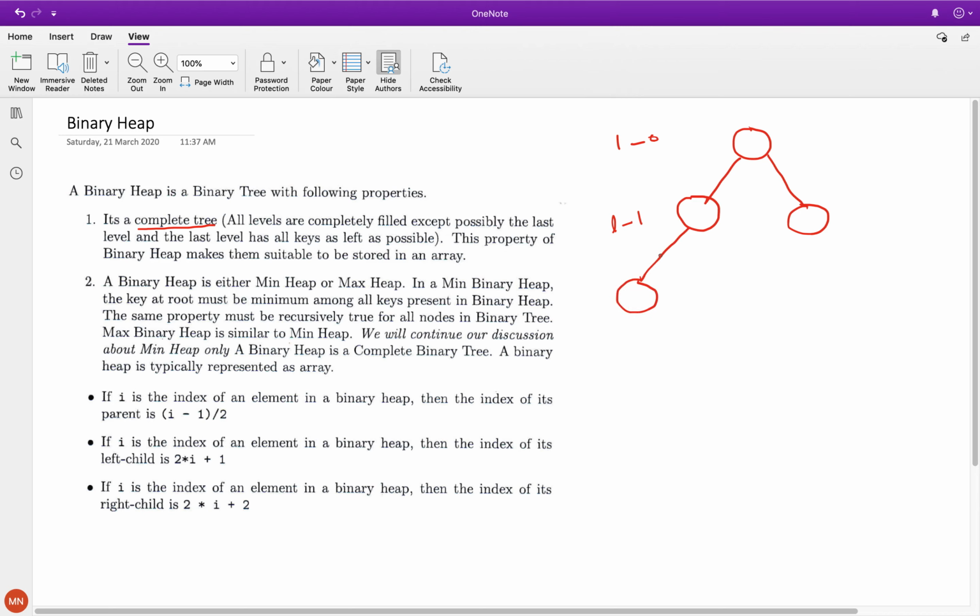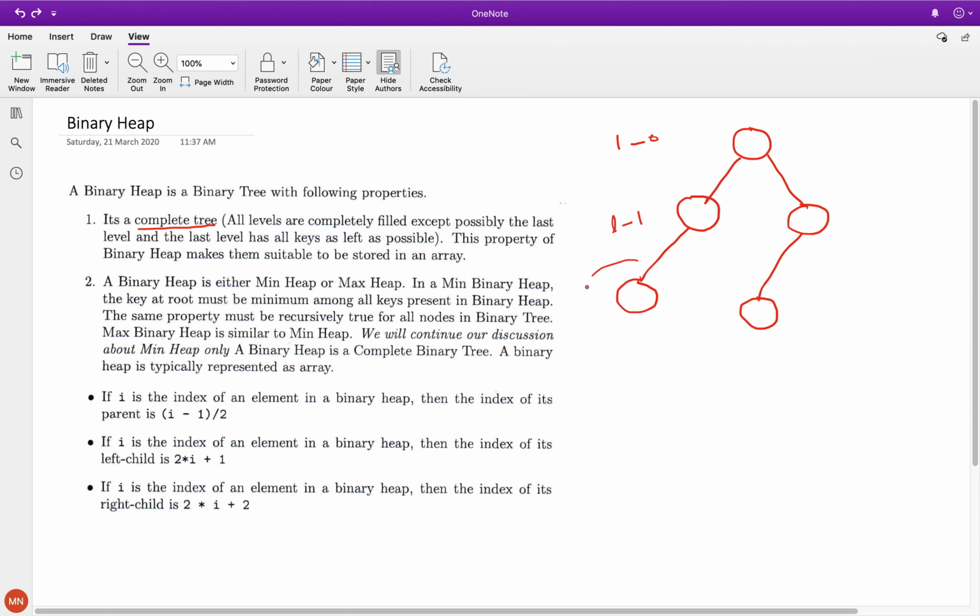So this is also a complete tree. Now suppose that if you are going to insert another node here, so this violates the property of a complete tree. The reason is because we could have possibly inserted the node here instead of inserting at this point. So the definition says that all levels except the last level.